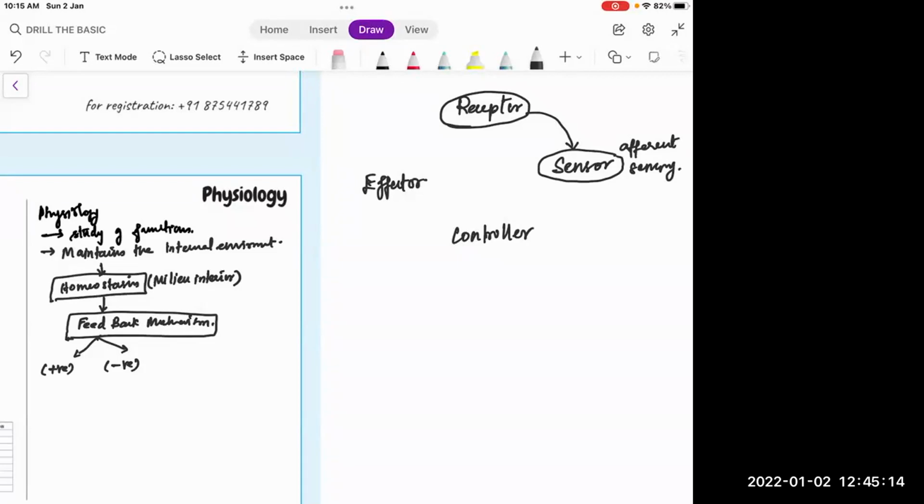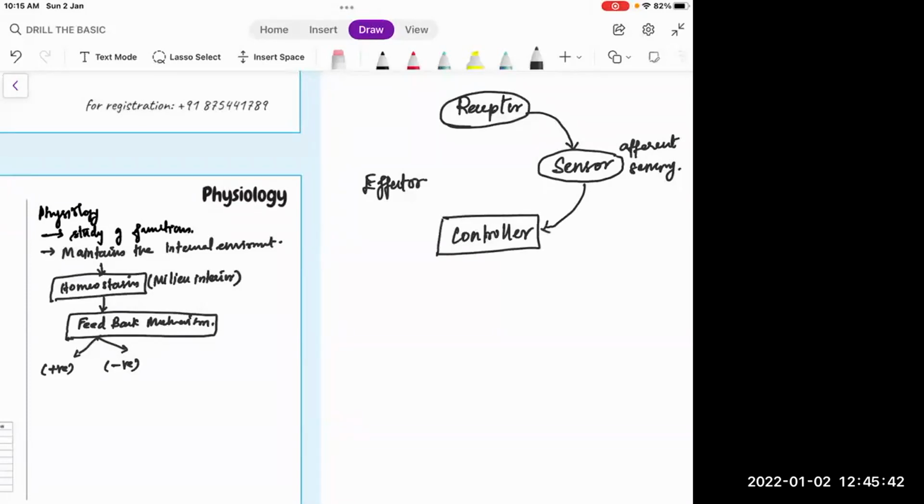Whatever signal is given from this receptor, the sensor will identify whether it is normal or deviated, like hypersecretion, hyposecretion, excess or deficiency. All those kinds of signals are sensed by the sensor, and the sensor will give the signal to the controller.